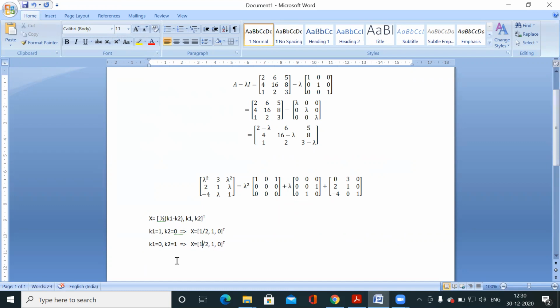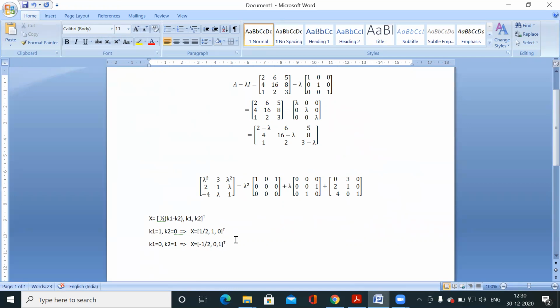Because k1 is 0 and k2 is 1, this is minus 1 by 2, and this is 0 and this is 1. So these are two eigenvectors. One is 1 by 2 1 0, second is minus 1 by 2 0 1. These are with respect to 2 and 2, because we have two eigenvalues 2 and 2. So for 2 and 2 we have two independent eigenvectors, 1 by 2 1 0 and minus 1 by 2 0 1.